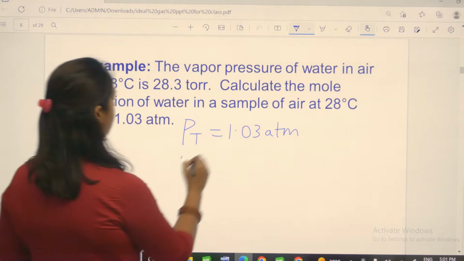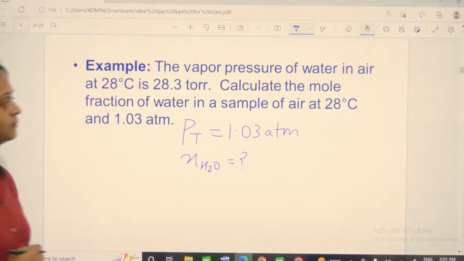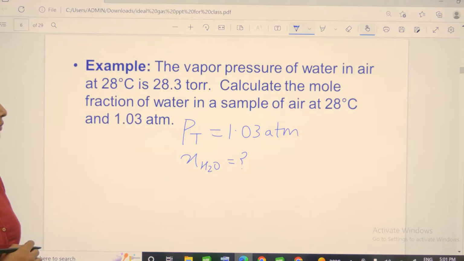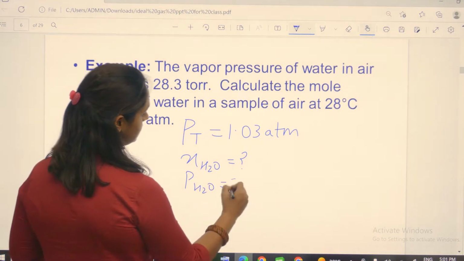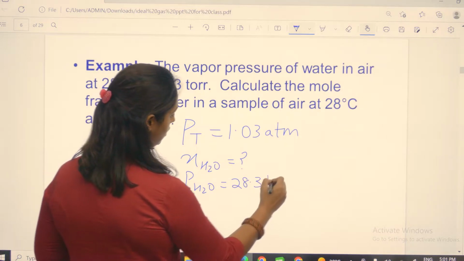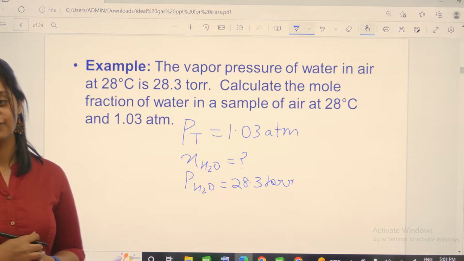The pressure of water is given as 28.3 torr. Ma'am, we converted.